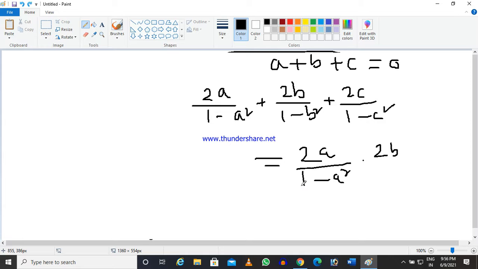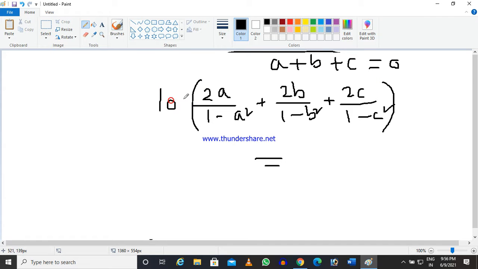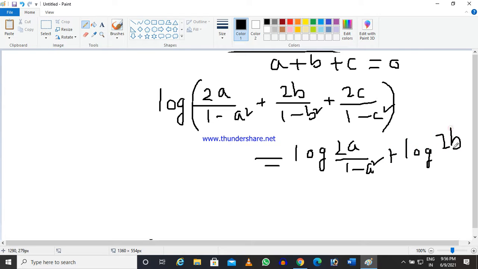Or I can tell like this, we have to prove log of this is equal to log 2a by 1 minus a square plus log 2b by 1 minus b square plus log 2c by 1 minus c square.